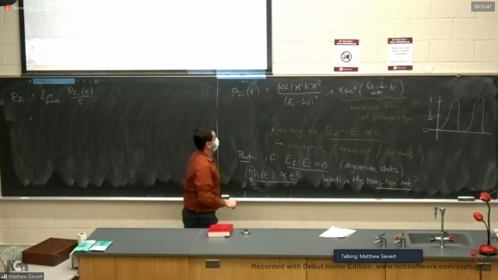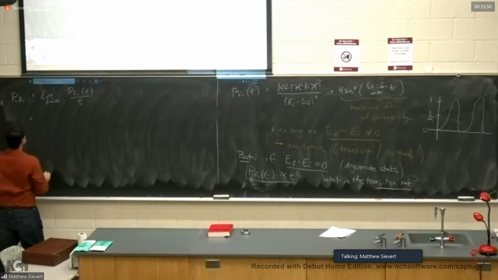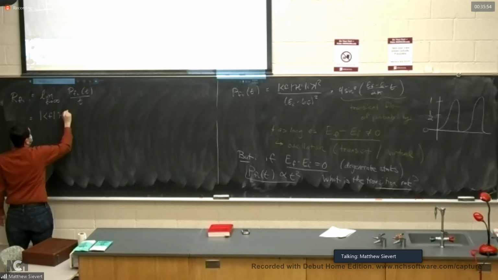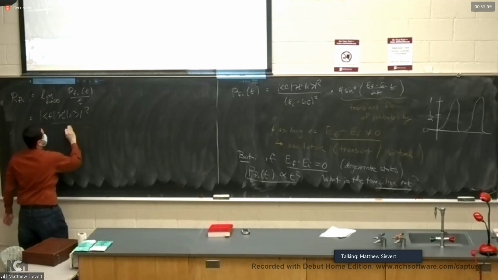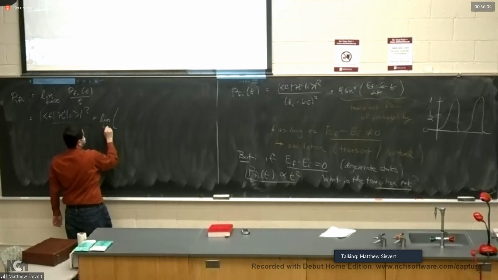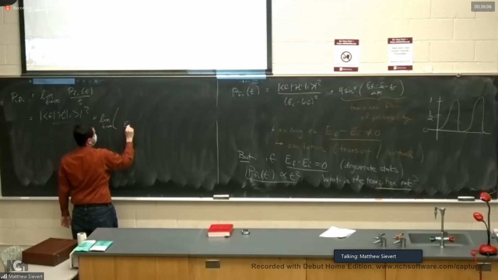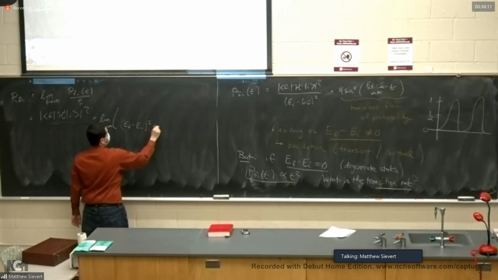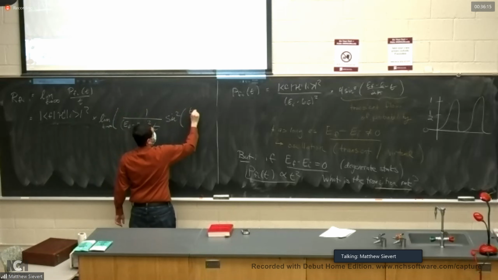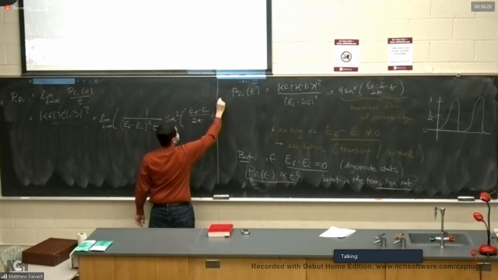So if I take this expression and I divide by time and I take the limit t going to infinity, I get final Hamiltonian initial squared, times the limit as t goes to infinity of 1 over that energy denominator, E final minus E initial squared, 1 over time, sine squared of (E final minus E initial over 2 h bar) times time.